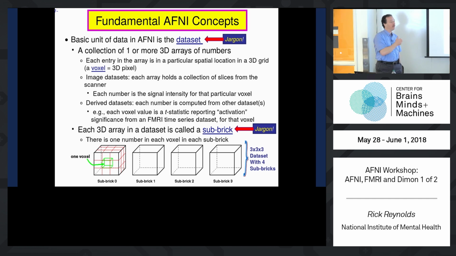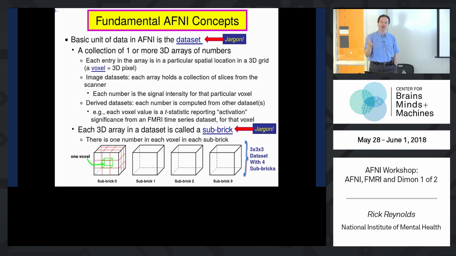We'll more often refer to data set as one single file or a pair of files. So, but one collection of 3D plus time data might be a data set. So how that's used might vary.